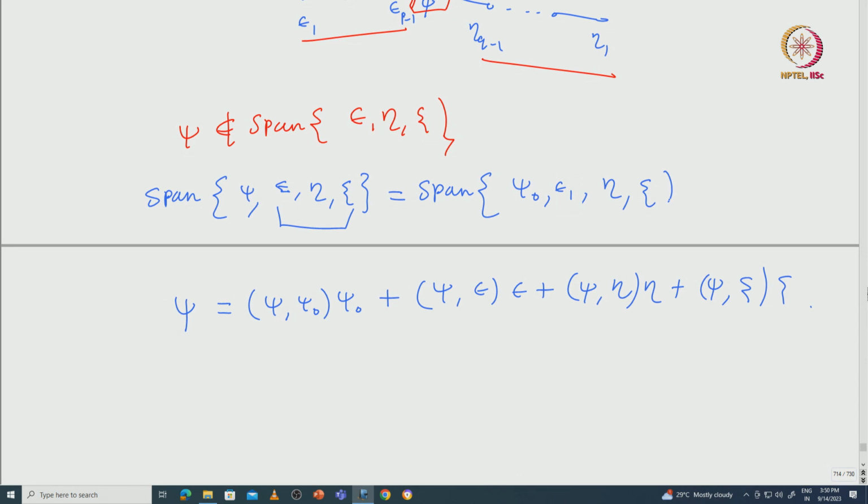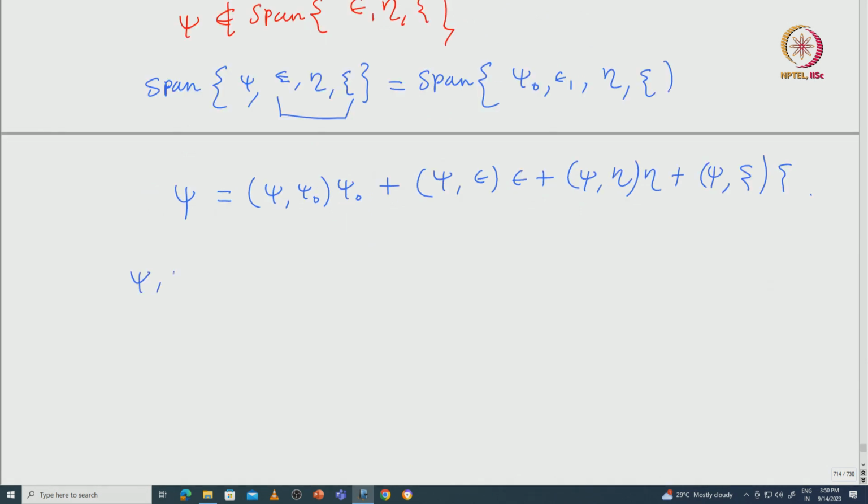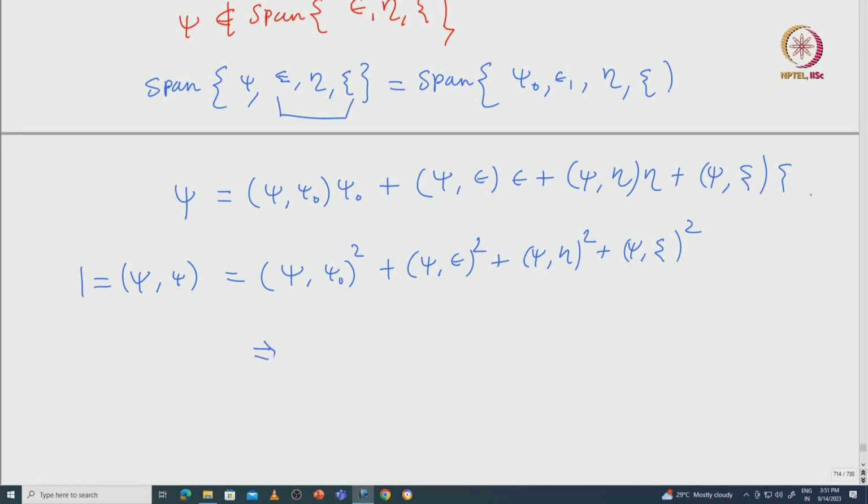So, since xi is a unit vector, this is going to put lots of restriction on the inner products. This unit vector says that the sum of squares, xi naught squared plus xi epsilon squared plus xi eta squared plus xi xi squared, must be 1. So, this implies that if you take this subsum, that must be at most 1.